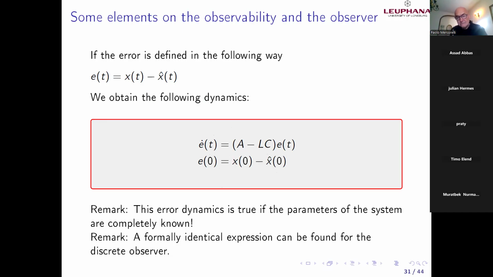The error e equals, as written at the beginning of the slide, the state vector x minus x hat. We will see this in the Kalman filter, and also in the Luenberger observer, or at least in this didactic introduction.